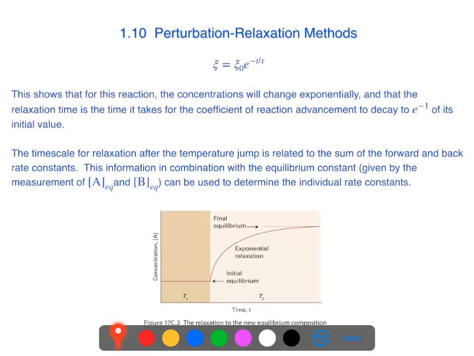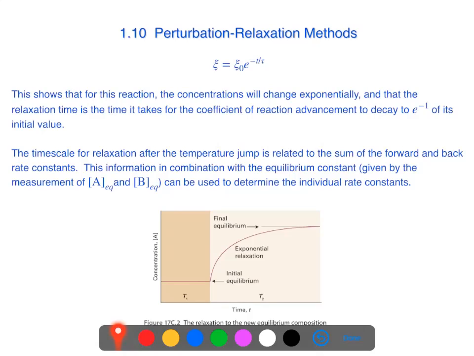So this shows that for this reaction, this temperature jump experiment, the concentrations will change exponentially, and that the relaxation time is the time it takes for the coefficient of reaction advancement, xi, to decay to e to the minus 1 of its initial value. And that's the general definition for a relaxation time or lifetime.